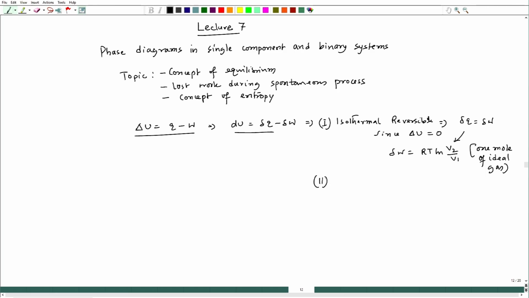Second condition, we have taken an adiabatic reversible process. There we have seen del U equal to minus del W, in differential form dU equal to minus del W, where del Q equals 0, since it is adiabatic, or we can say this is an isolated system.